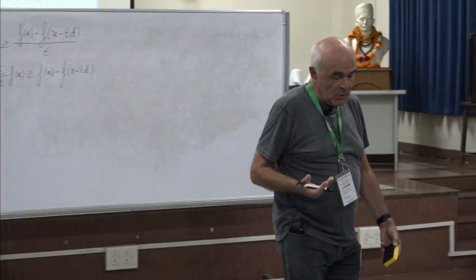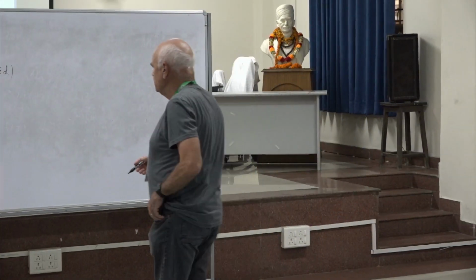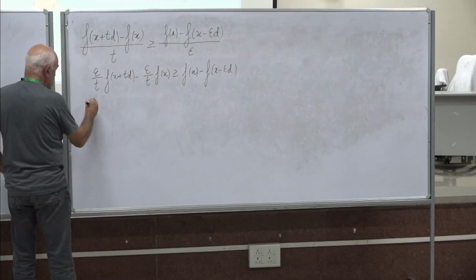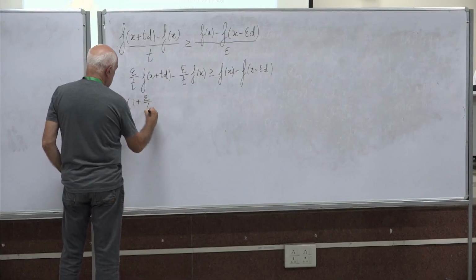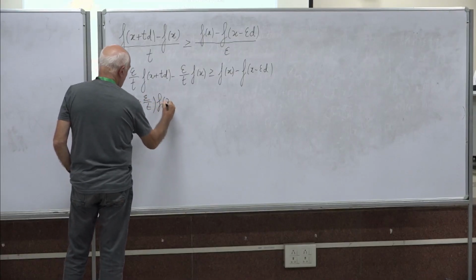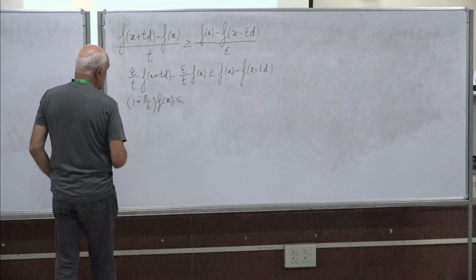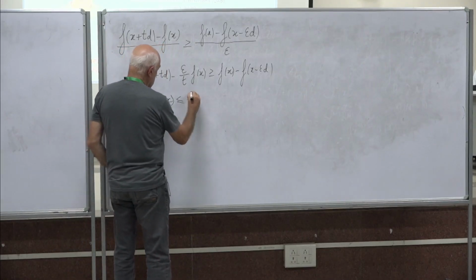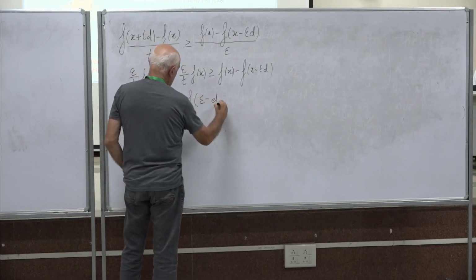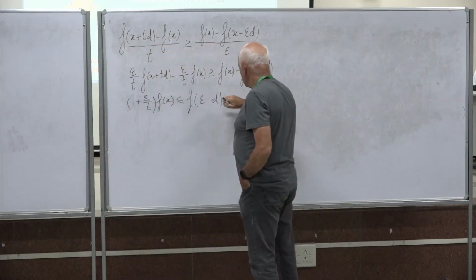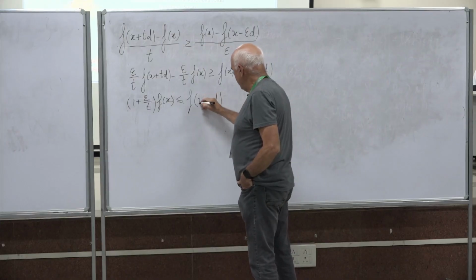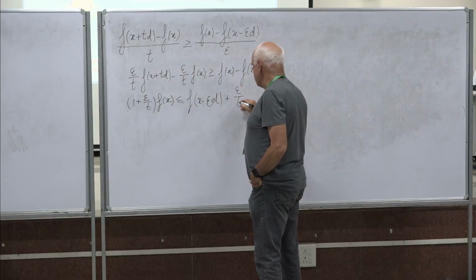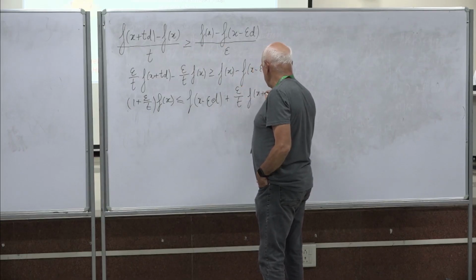And this is completely useful for our purposes, because now you can write 1 plus epsilon over t f of x less than or equal to f of x minus epsilon d plus epsilon over t f of x plus td.